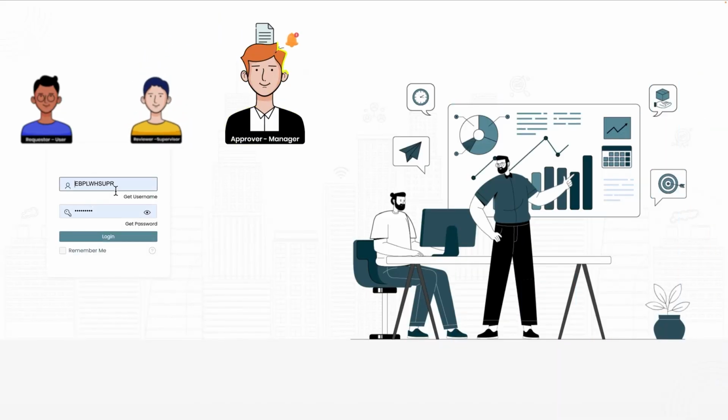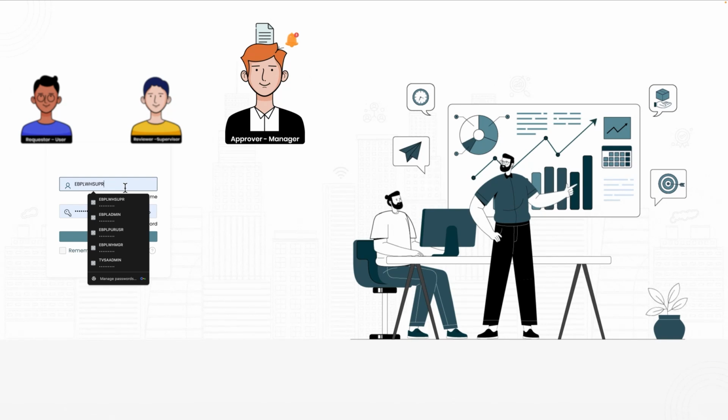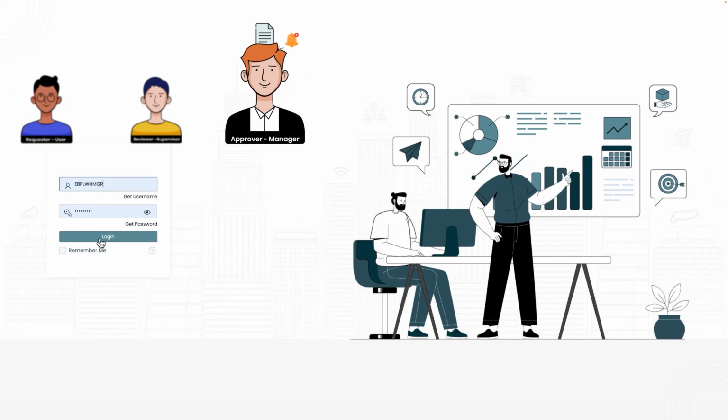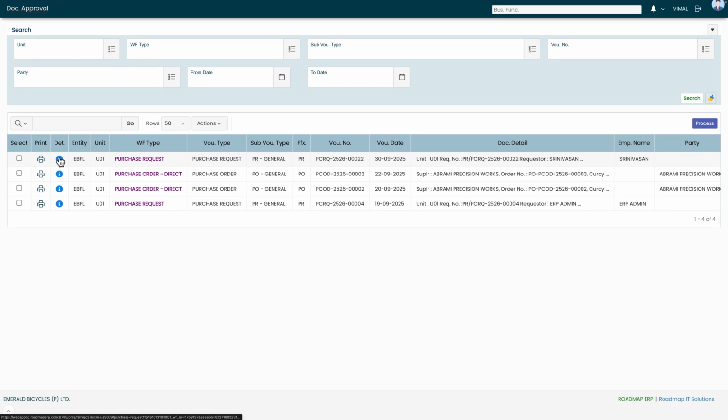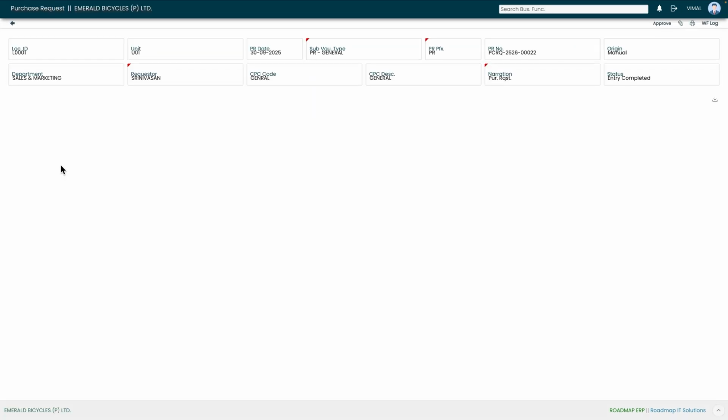And now let's log in as our manager. So this is the login page of our manager who will be approving the document. Click on this bell icon, go to your approvals. Here the document falls, click on this detail icon.